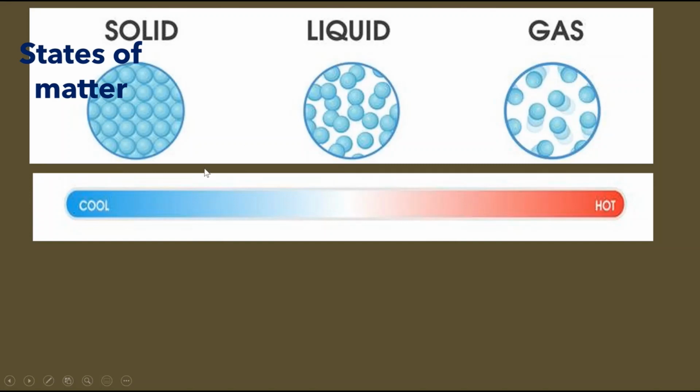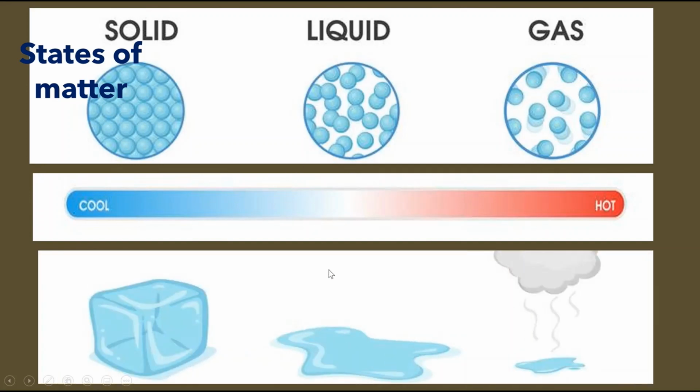The solid state of matter we call ice, the liquid state we obviously call water, and the gaseous state we call vapor or steam. So why is ice cold, or why is it solid, and how does the change of state occur? This is our question that we need to explore.